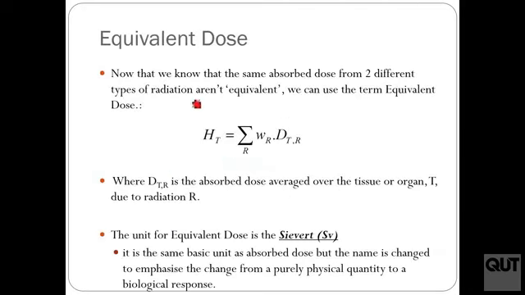So this brings us to the equivalent dose. So we know now that the absorbed dose from two different types of radiation aren't equivalent. It depends on the type of radiation. So this brings us to what's called the equivalent dose. It's given by H, and that is simply the radiation weighting factor multiplied by the absorbed dose.